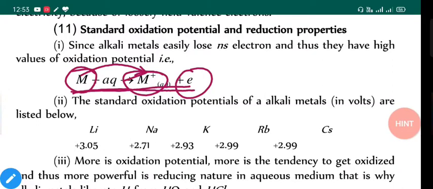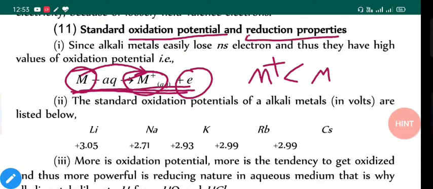If the ionic state of the metal is more stable than the atomic state, then this compound will show a higher value of oxidation potential. And if the reaction is opposite, that means the stability of M+ is less than M, so its reduction potential will be comparatively stronger.